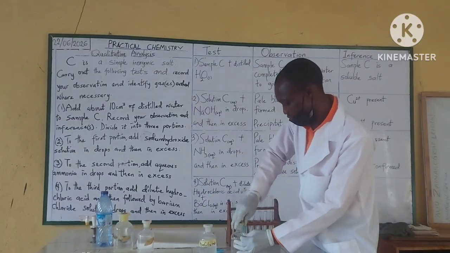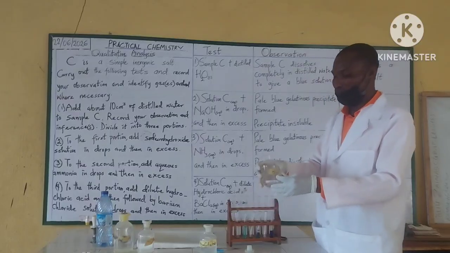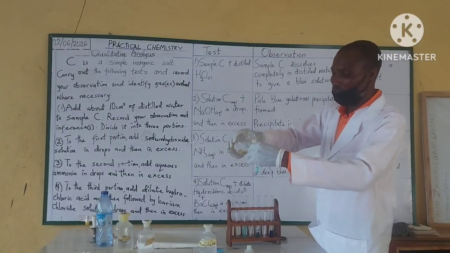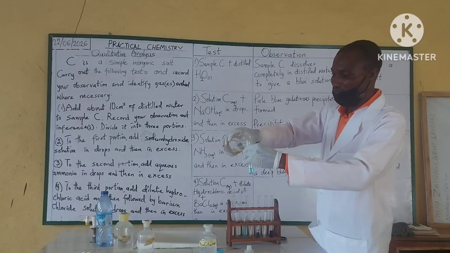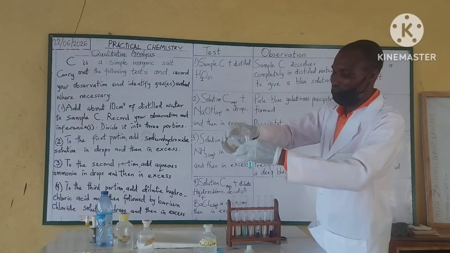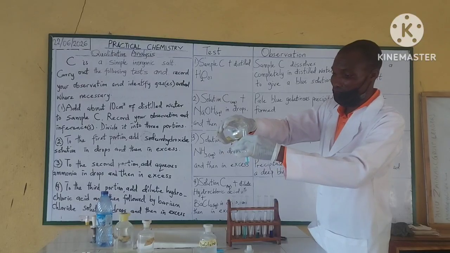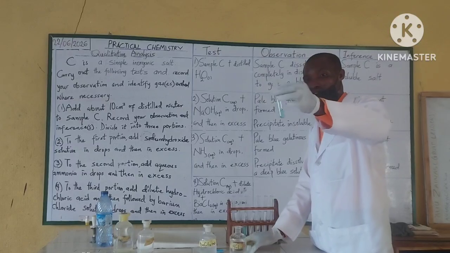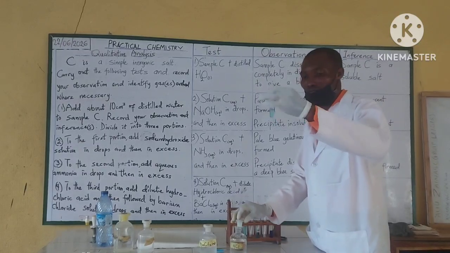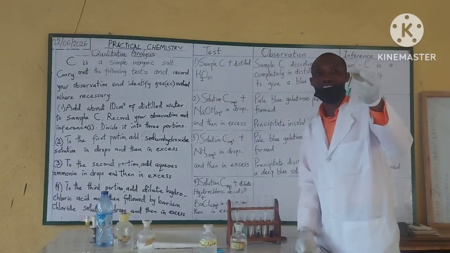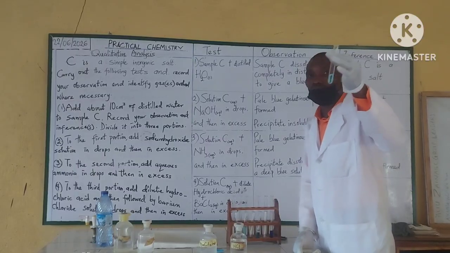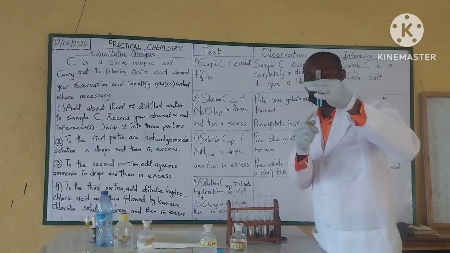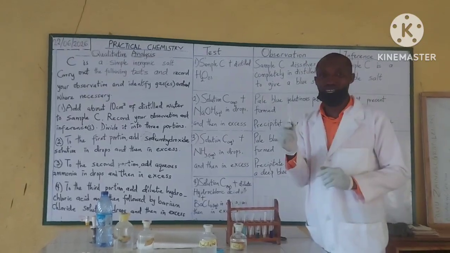Hydrochloric acid comes first, because we just want to change the medium from neutral to acidic medium. If you add hydrochloric acid to it, you can see there is nothing new that happened to the solution. The solution still maintains the way it is. It's just that the solution suddenly turns acidic.